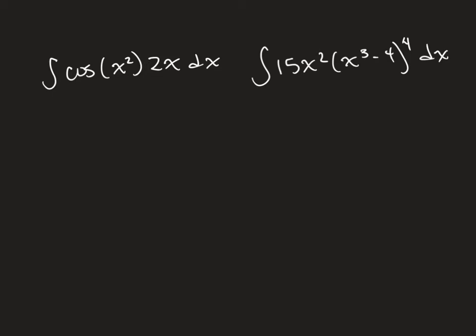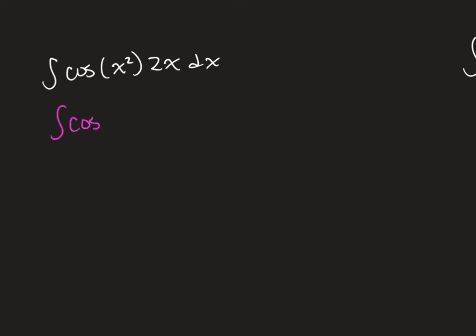I'm going to move this guy out of the way first. Here's what we're going to do. I'm going to rewrite this as the cosine of u and leave everything else the same. That means that u is equal to x squared.